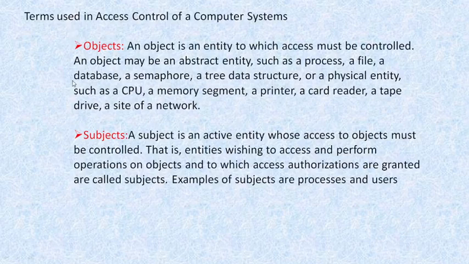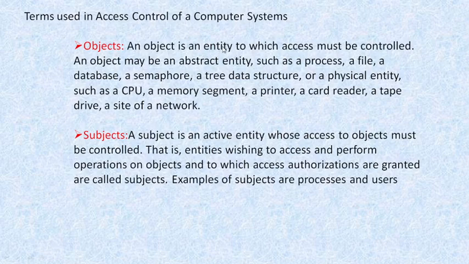So let us know some of the terms used in access control. The first one is objects. This object is what the user tries to get. The data is nothing but an object. So it is an entity to which access must be controlled.